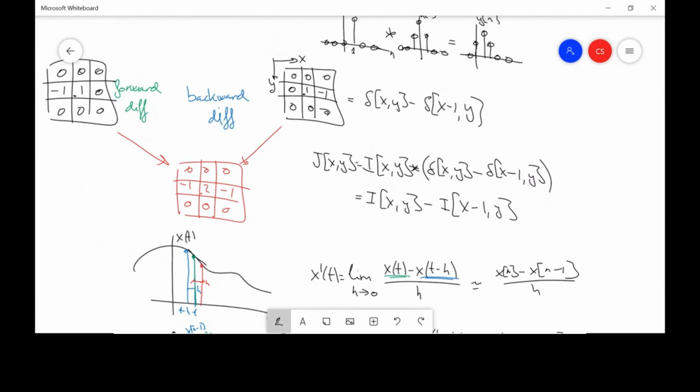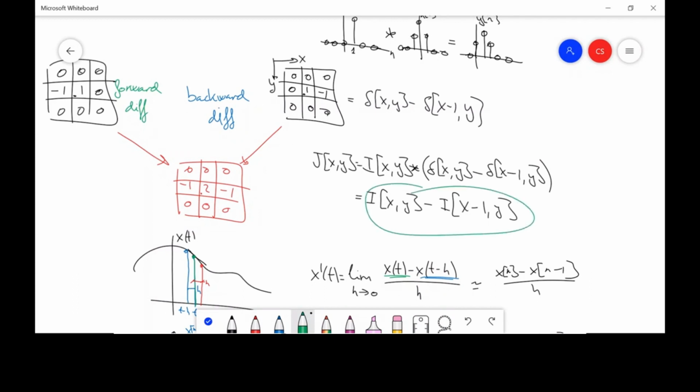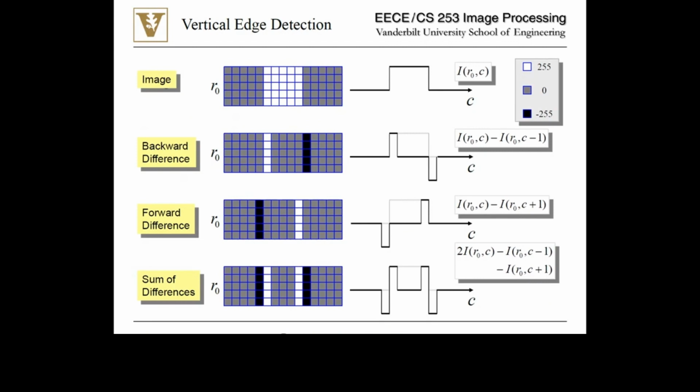So these kinds of operations, these forward differences, backward differences, are related to derivatives. So it is as if you are calculating the derivative. The only thing that is missing is dividing by h, but that is a constant, so it is a scaling. So you don't mind so much about scaling up or down. So these backward and forward differences are ways to compute derivatives.